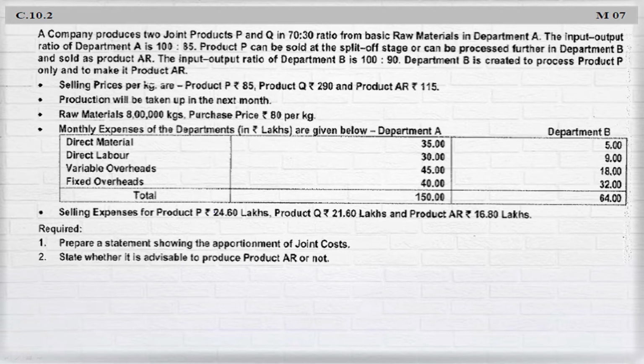Product P can be sold at a split of stage or can be further processed in department B and sold as a product AR. The input output ratio in department B is 100:90. Department B is created to process product P only and to make it product AR.